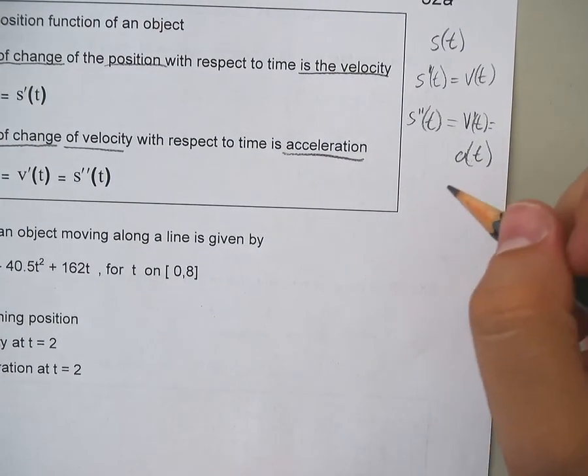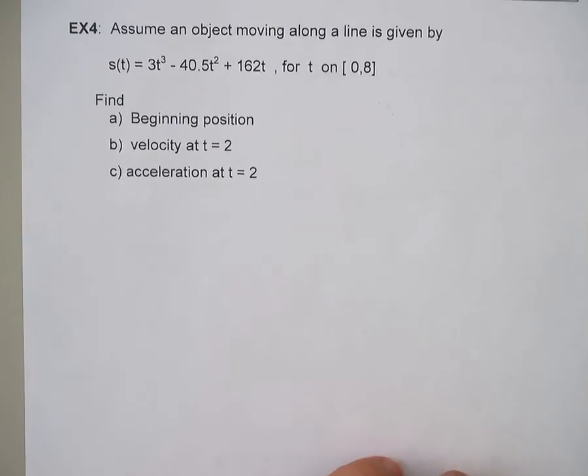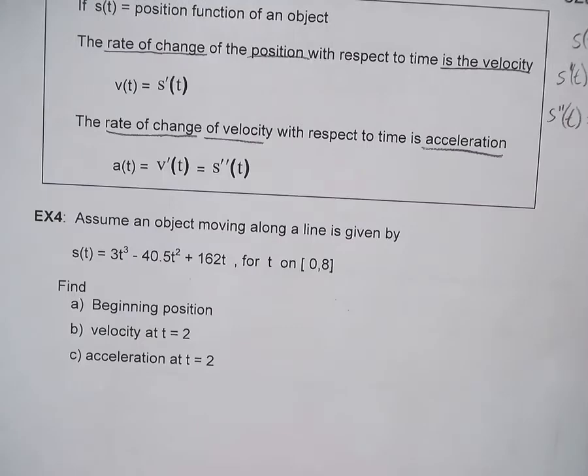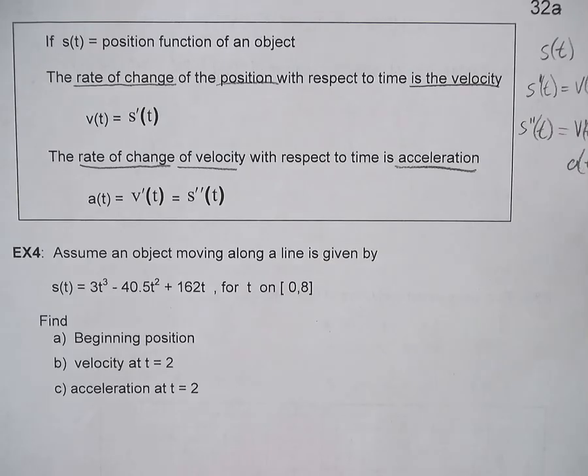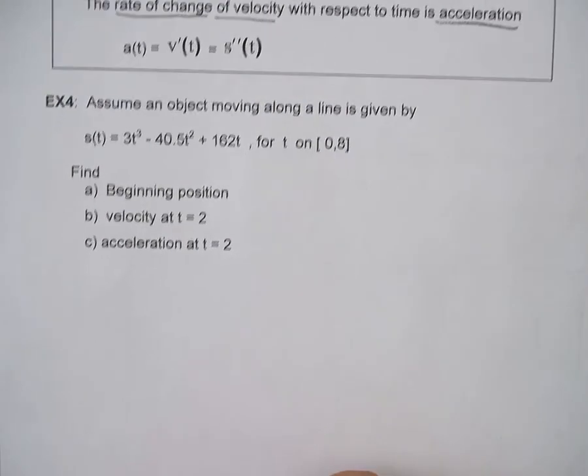So position gives you velocity, which gives you acceleration. Now, I wish that we would be able to teach this first before we go into physics, because this makes physics so easy.